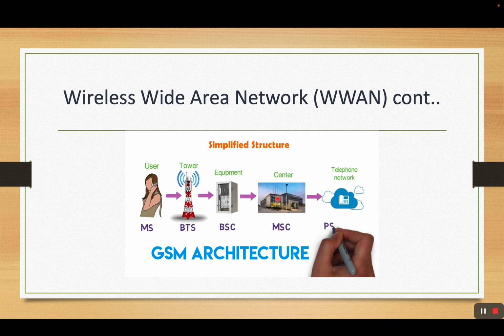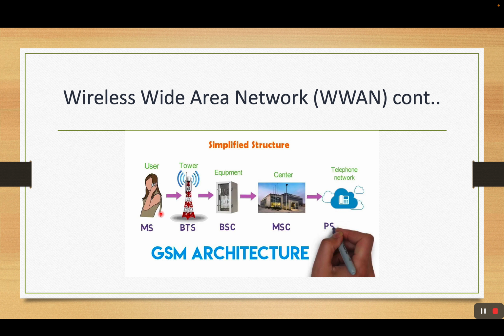Now, once the subscriber is verified, the MSC sends the request to allocate the voice or the traffic channels to the subscriber. Now, the request will go back to the BSC, which tells the BTS to assign a specific channel for the user, in order for the user to communicate.